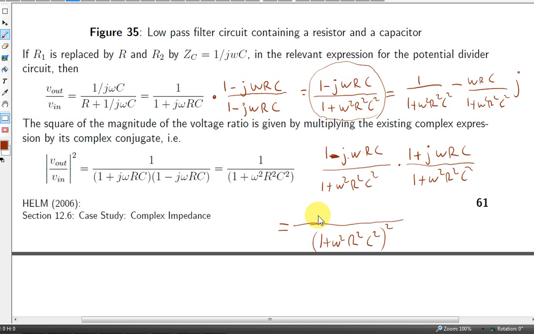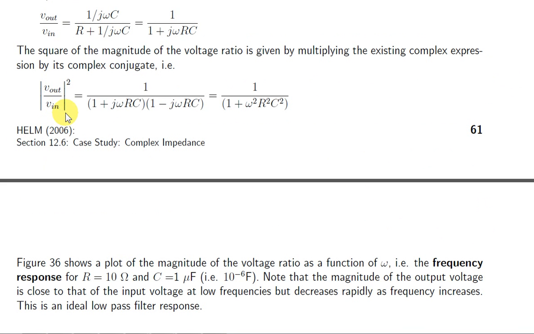So the modulus is root 1 squared plus omega squared r squared c squared, squaring it with no square root. So we see we cancel this on top with one of the same terms underneath. So that's the result. That's the magnitude of the voltage ratio.